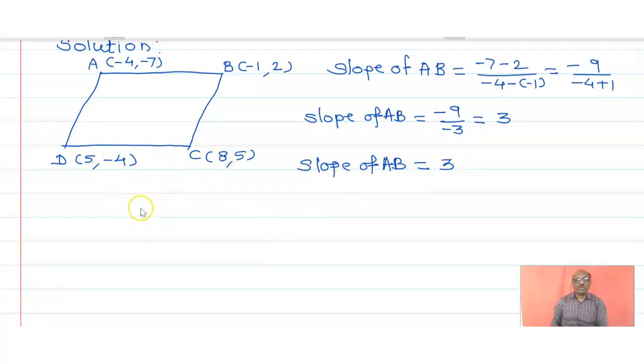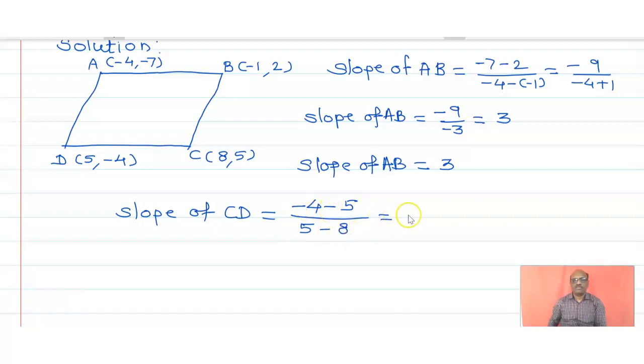Now we will find out the slope of CD. Again, the difference of y coordinates upon the difference of x coordinates. That is minus 4 minus 5 upon 5 minus 8, and here you will get minus 9 upon minus 3, and you will get 1.